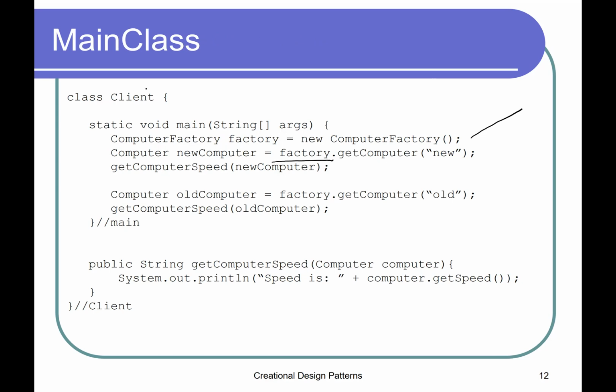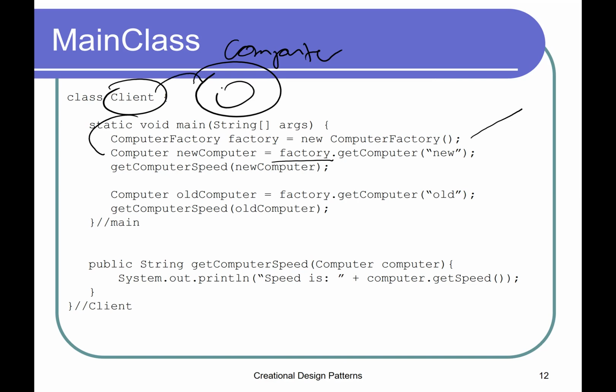But before we even get to the last one, what has been returned from the perspective of the client is an object of type computer. But what's inside is an object of type, those of you at home, new computer. Yes, very good.